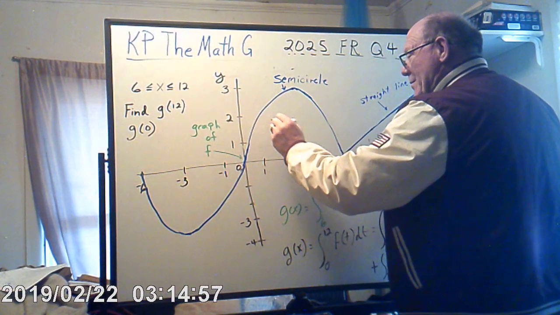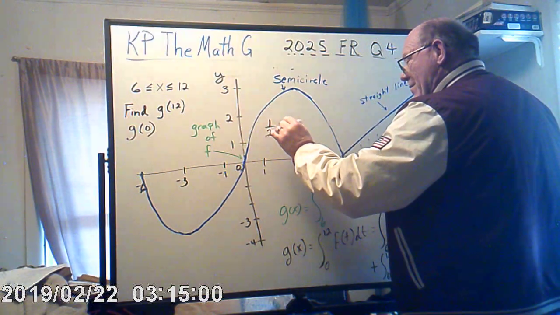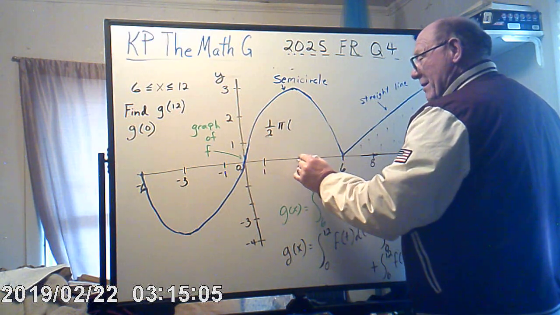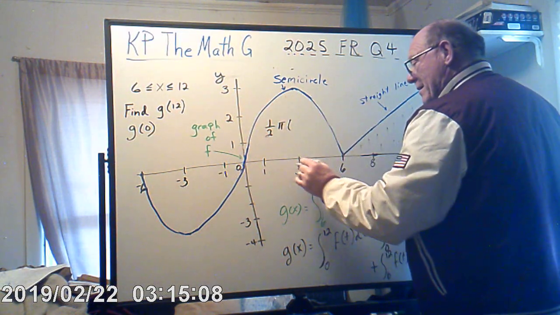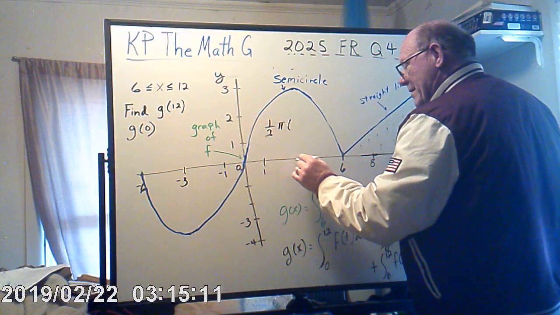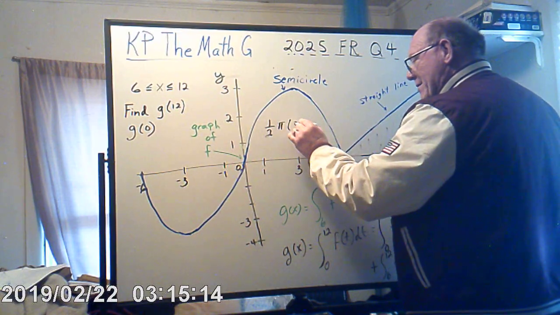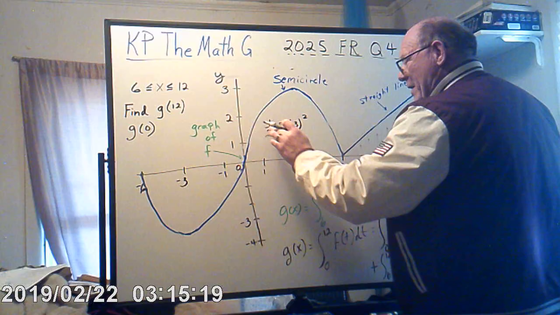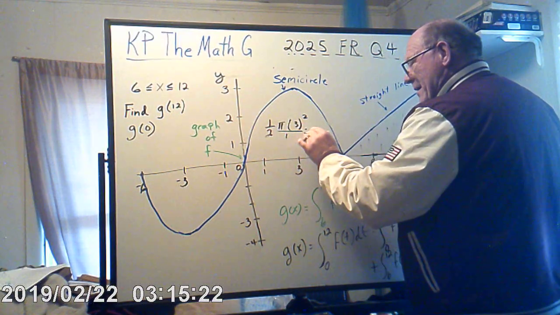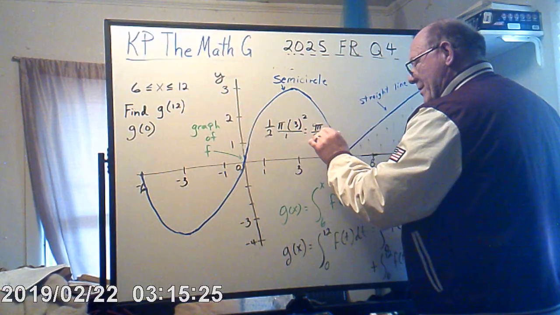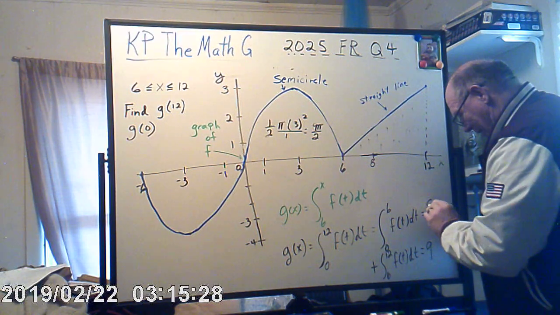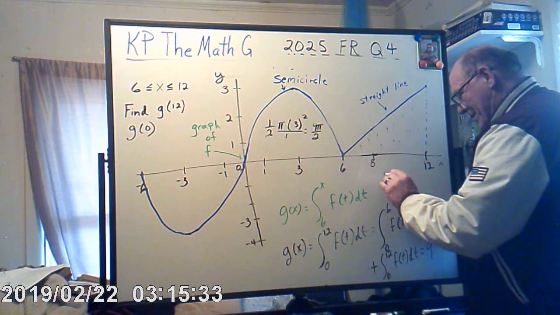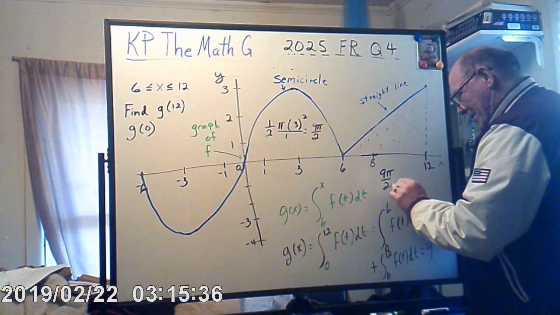I just told you the formula and then I didn't put the 1/2. 1/2 pi times the radius squared, and the radius is 3. So the radius from the center is 3. 3 squared is 9. So 9 times pi over 2. This is 9 pi over 2. Plus 9. So 9 pi over 2 plus 9.